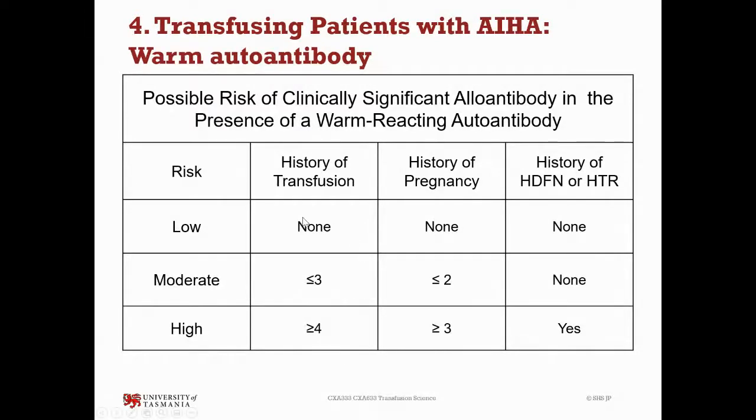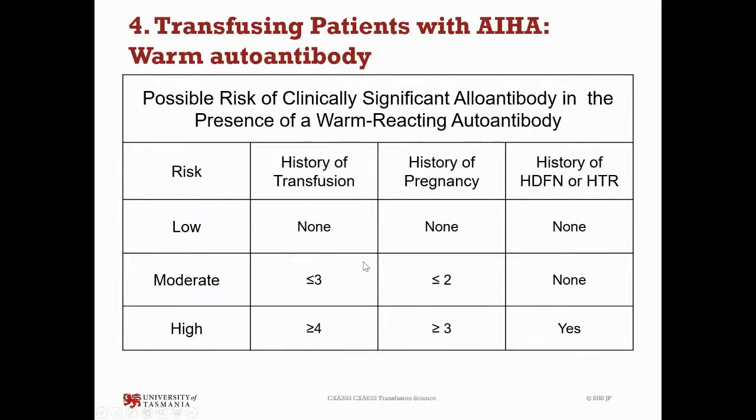If they have no history of transfusion, no history of pregnancy, and no history of a hemolytic transfusion reaction or hemolytic disease of the fetus and newborn, then the risk of them having a significant alloantibody is low.